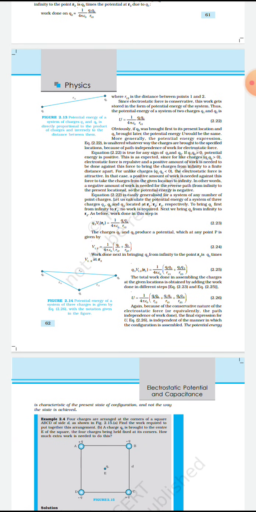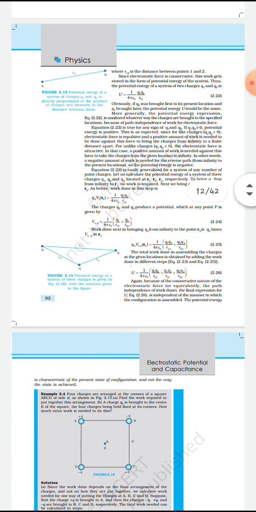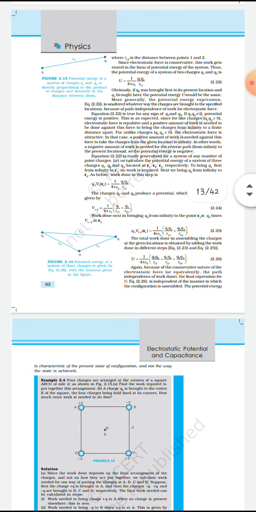We write U is equal to 1 by 4 pi epsilon 0 into Q1 Q2 by r12, plus Q1 Q3 by r13, plus Q2 Q3 by r23. Like this we will write the formula.